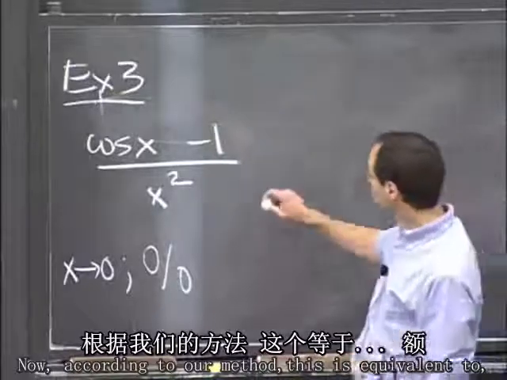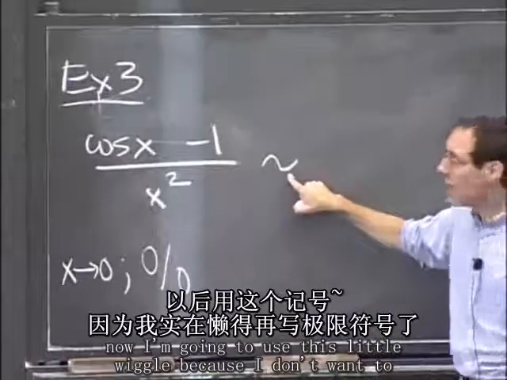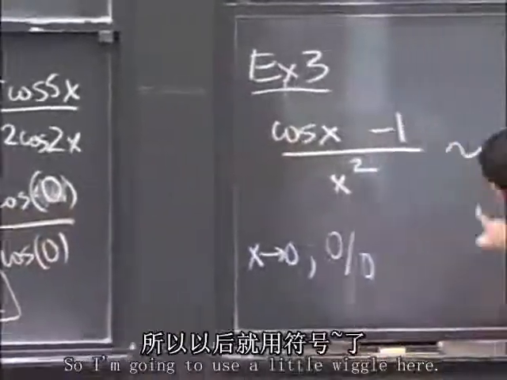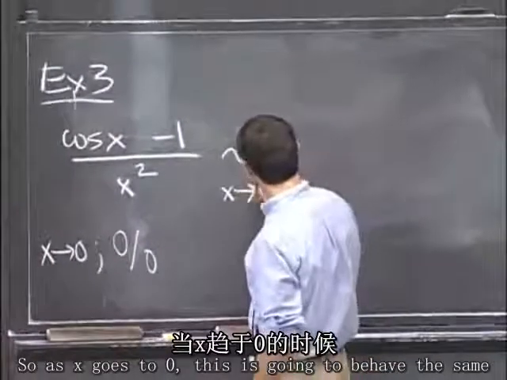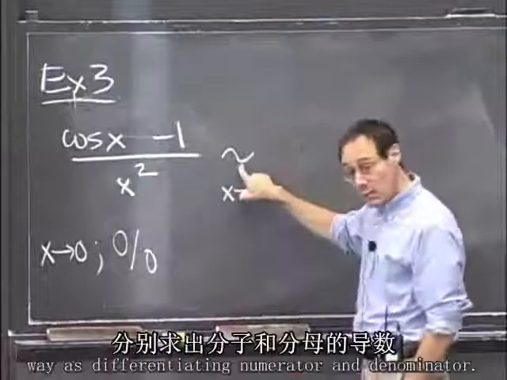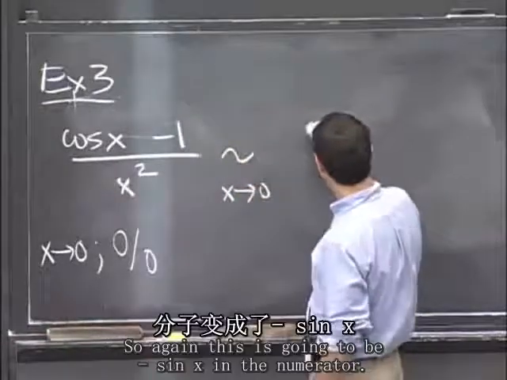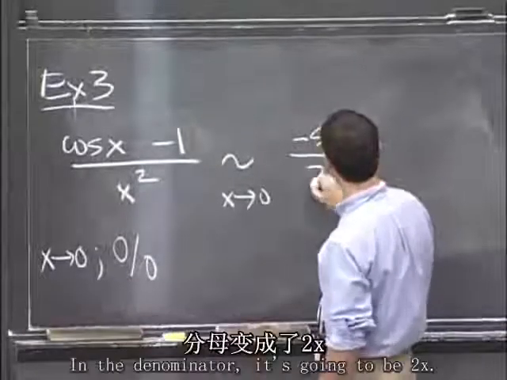Now, according to our method, this is equivalent to, now I'm going to use this little wiggle because I don't want to write limit a million times. So as x goes to 0, this is going to behave the same way as differentiating numerator and denominator. So again, this is going to be minus sine x in the numerator. In the denominator, it's going to be 2x.